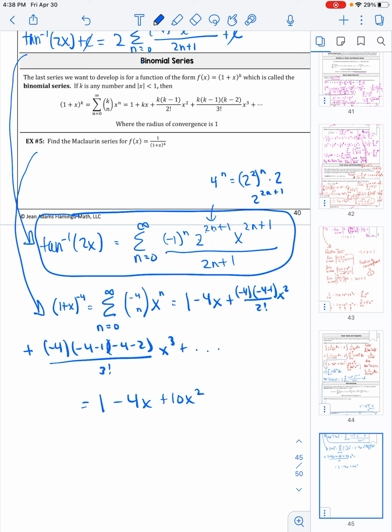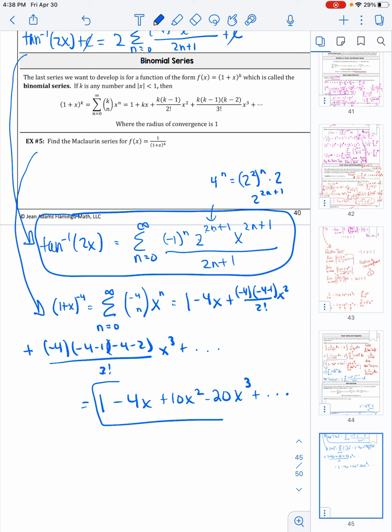And so this is going to be equivalent to, if I simplify it, 1 minus 4x. This is going to be negative 4 times negative 5 is positive 20, divided by 2 is 10, x squared. This one's going to be negative 4 times negative 5 is positive 20 times negative 6. Well, that negative 6 is going to cancel with this 3 times 2 times 1.